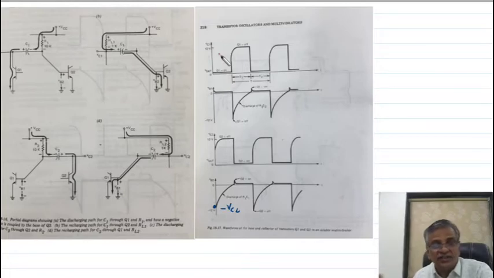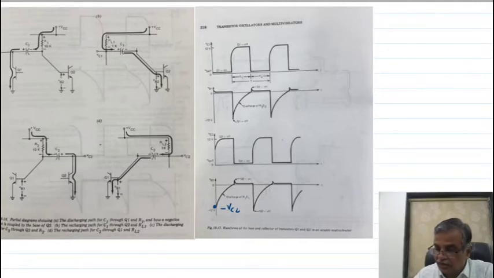Similarly, transistor Q1 remains in an off condition depending upon the discharging of capacitor C2 through R2. So it is your regenerative feedback, you can say. I'll use this for the derivation of the frequency of oscillation and the periodic time of the oscillation.